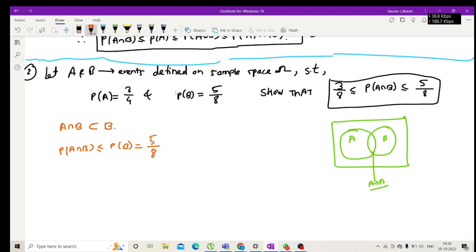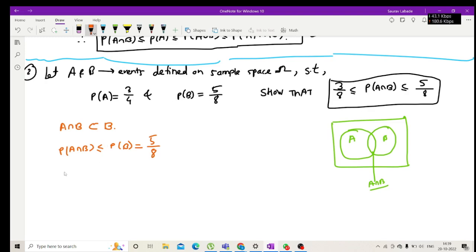Now again we have one theorem, actually theorem 9. We already have seen this theorem. What is our condition? The addition principle.